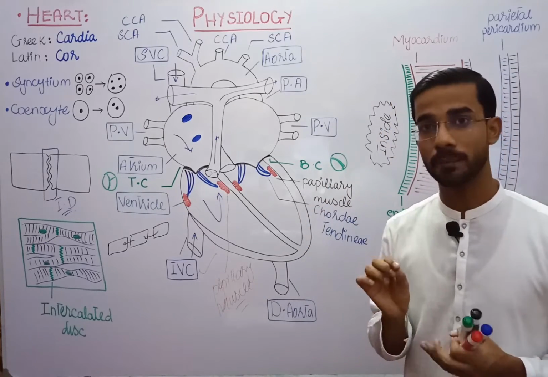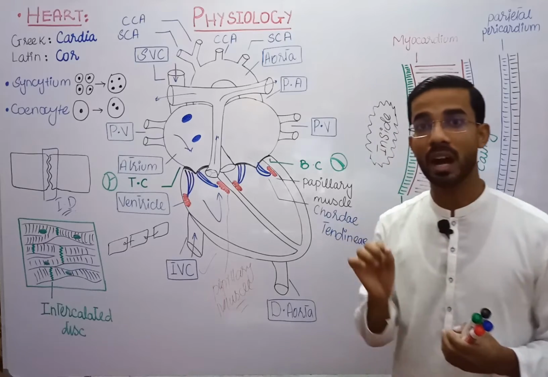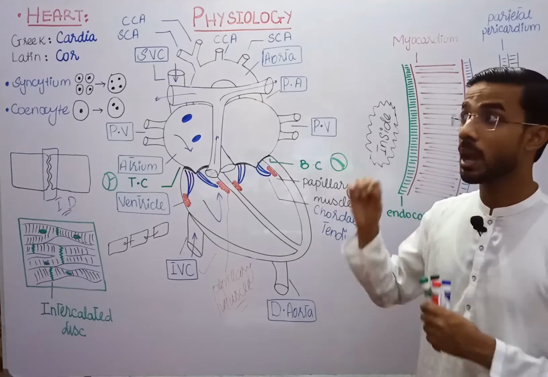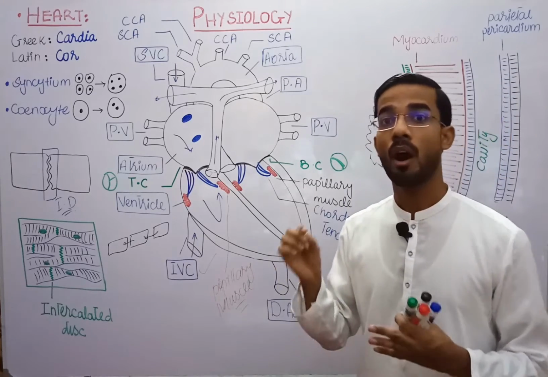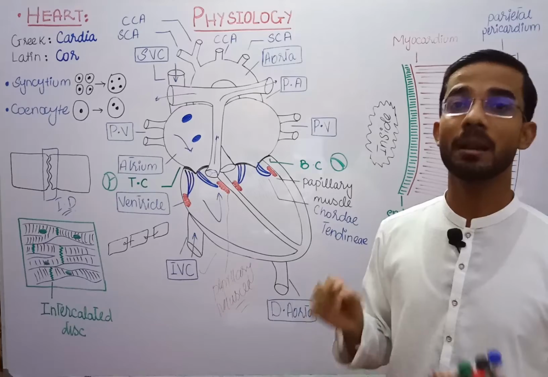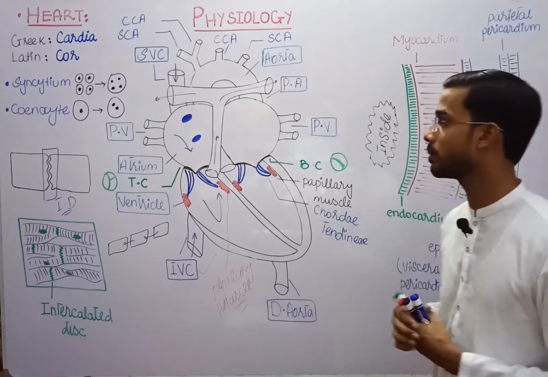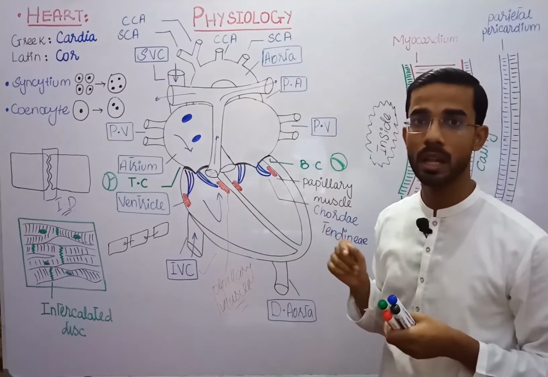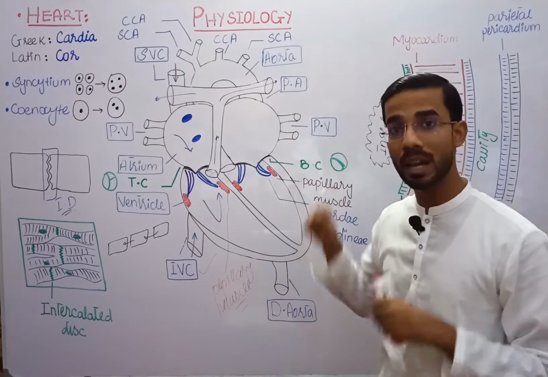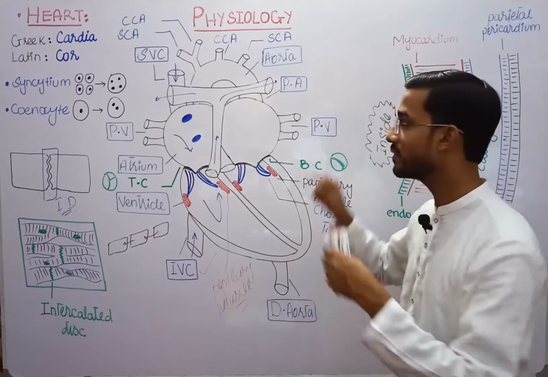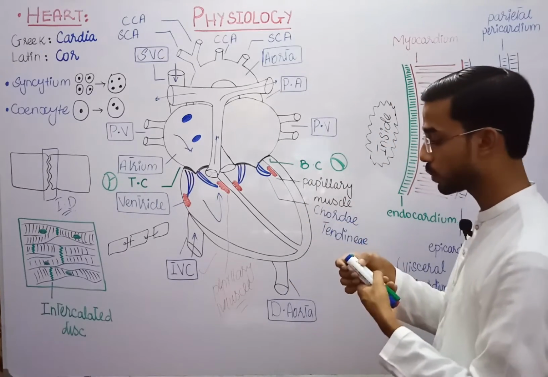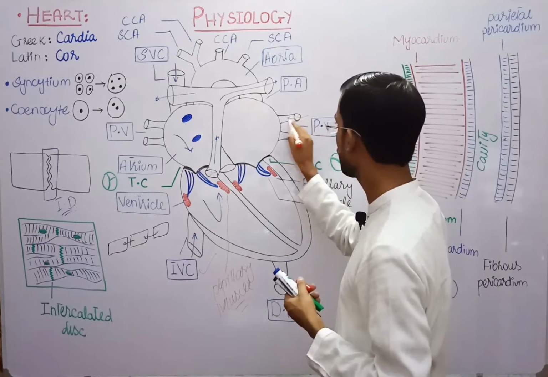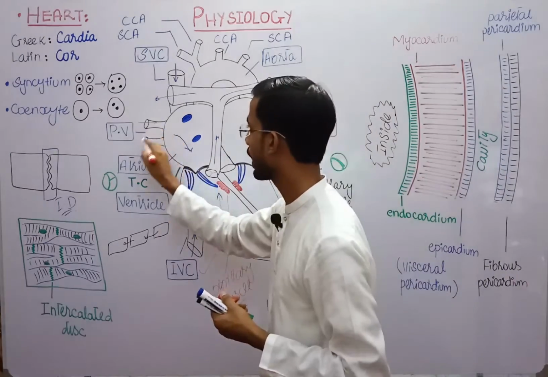Keep remembering, if the word pulmonary is attached to the artery or vein, then we have to remember that the pulmonary veins contain oxygenated blood and the pulmonary artery contains deoxygenated blood. Here is the pulmonary artery and it will move into the lungs, and from the lungs it gets oxygenated and then moves back to the heart through the pulmonary veins, of which there are 4, right?